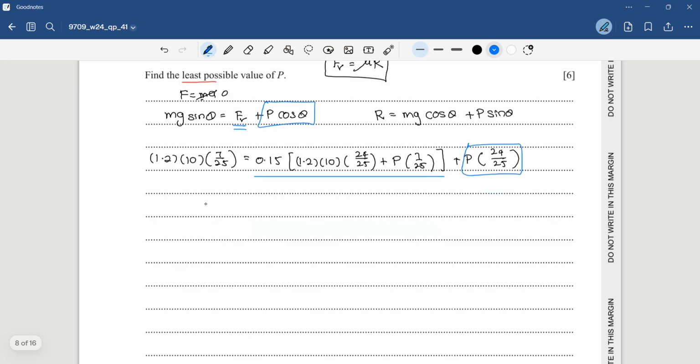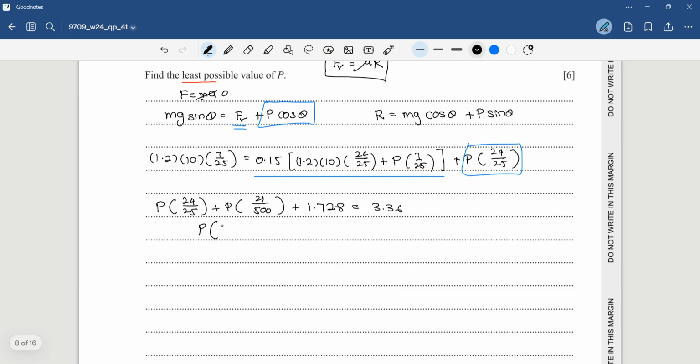So if you expand this, it's going to be P 24 over 25 plus, when I multiply in, P 21 over 500 plus 1.728 is equal to 3.36.